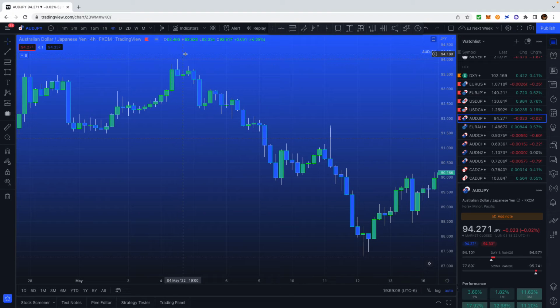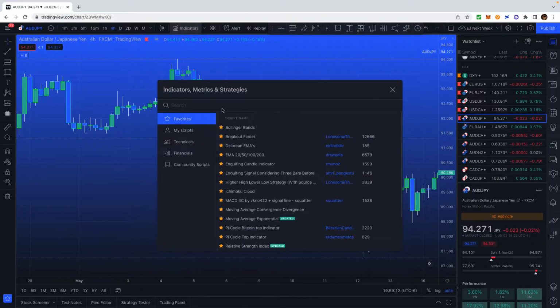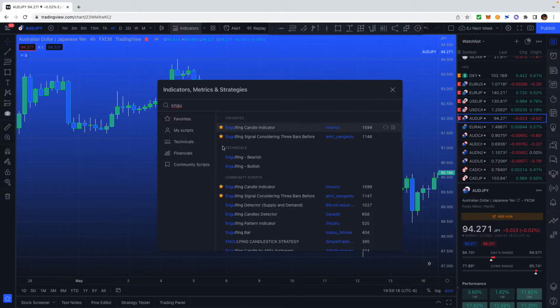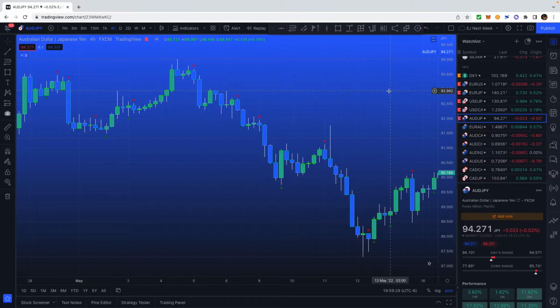There are tons of different indicators to show that, but I'm going to look at this particular one. You can just type in engulfing candle indicator. You click on that, and it's going to bring up an indicator that basically lets you know every time there's an engulfing candle.